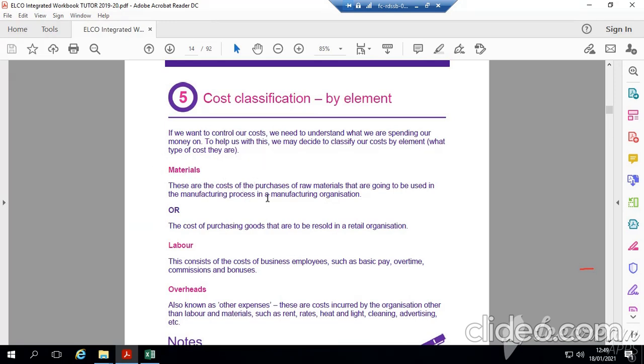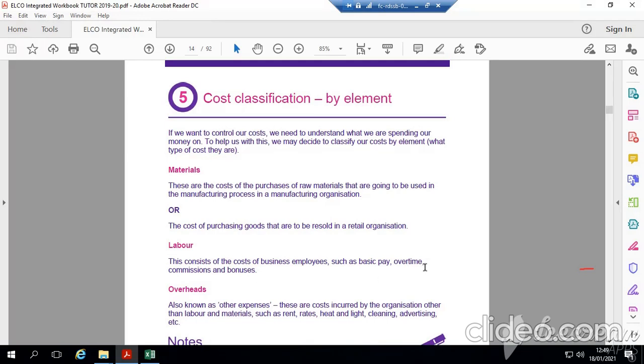Usually material is what is directly used for making a product. Labor is the cost of employees who are directly making the product, responsible for making the product.